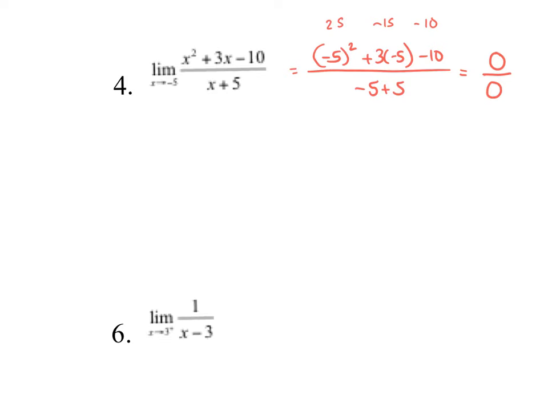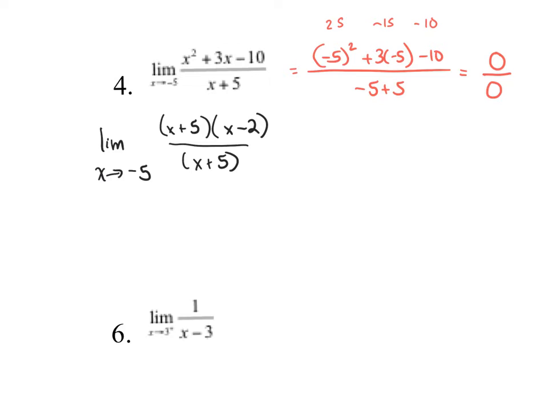So if you remember what we said about 0 over 0, that is generally when you are going to have to factor or take the conjugate or do some trig. Well, there's no square roots and there's no trig, so a pretty good idea that I'm going to have to factor here. So this is going to be the limit as x approaches negative 5, x plus 5, and I'll factor the top. So I'm looking at two numbers that multiply to negative 10 that add to positive 3. So that's going to be x plus 5 and x minus 2.